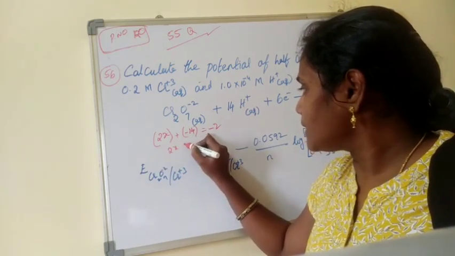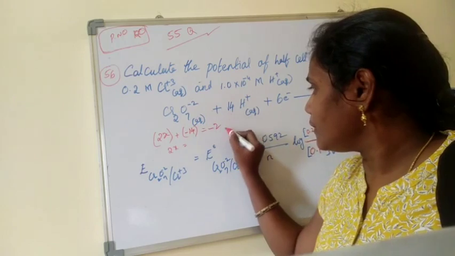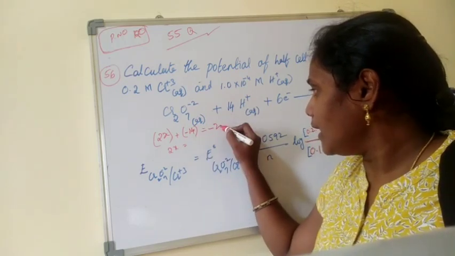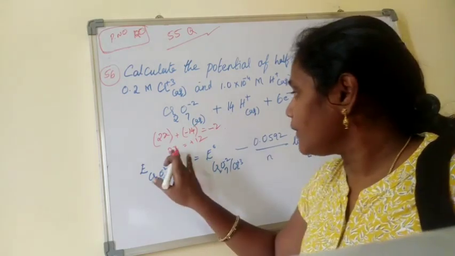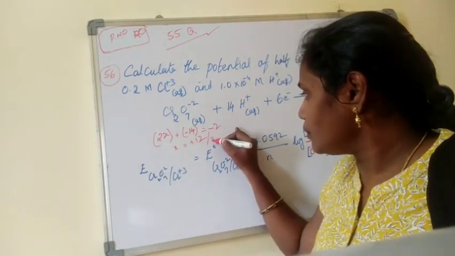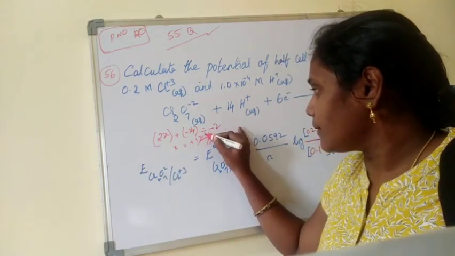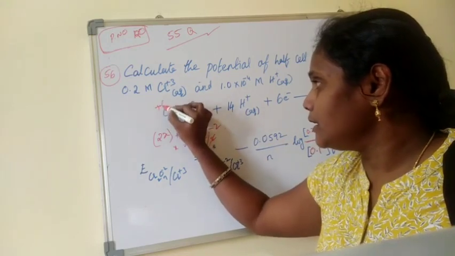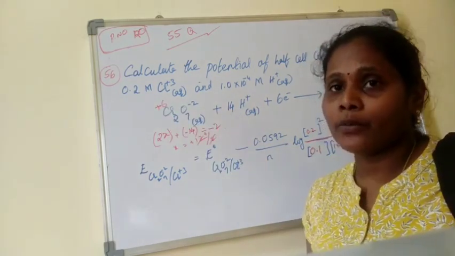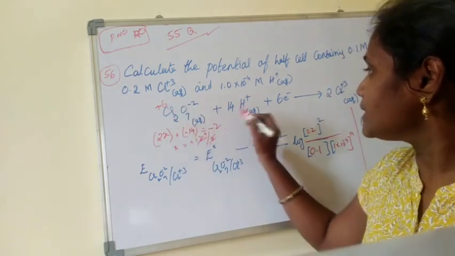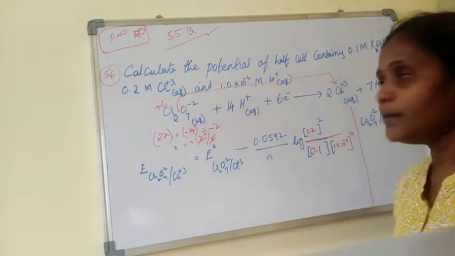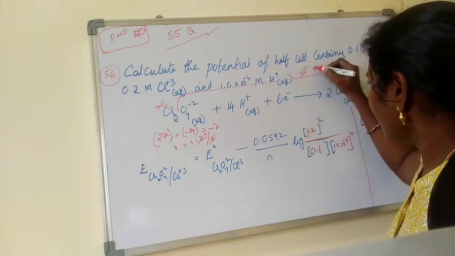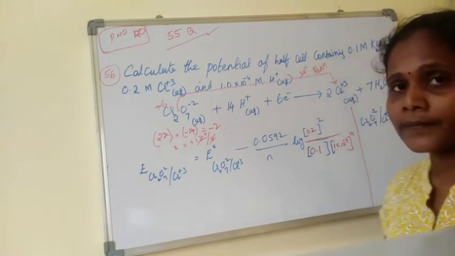So 2x equals plus 14 minus 2, which gives plus 12. Then x is 6. So plus 6 is the oxidation state of chromium. This plus 6 oxidation state is being converted into plus 3. That means 3 electrons have been gained, undergoing reduction.